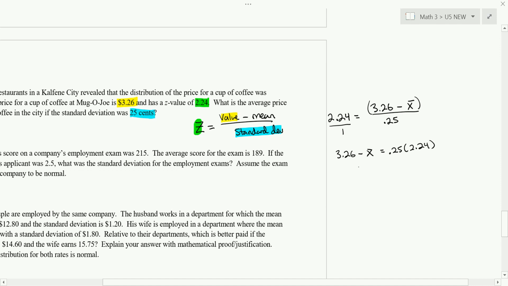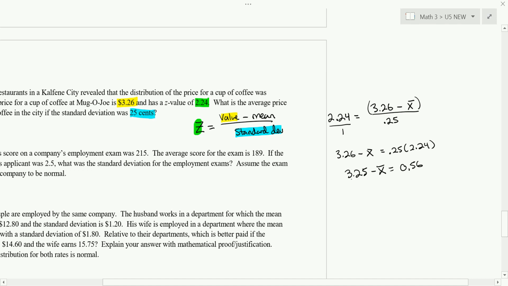So 0.25 times 2.24 is 0.56. So we get 3.26 minus x bar is 0.56.